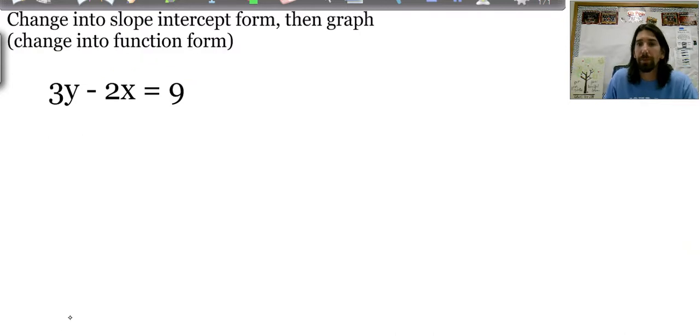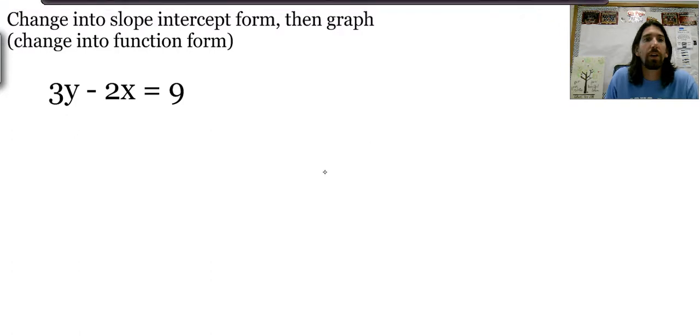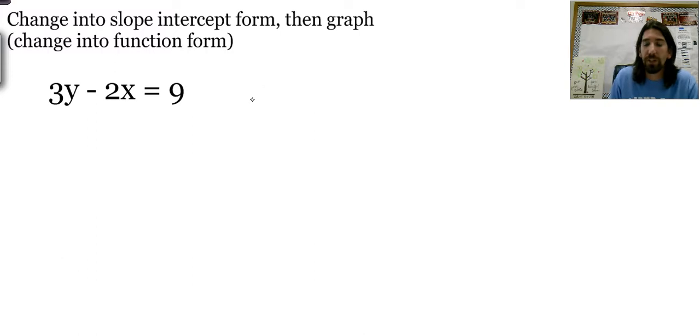Our next problem asks us to change into slope-intercept form so that we can graph it. Okay, slope-intercept form we already talked about looks like y equals mx plus b.